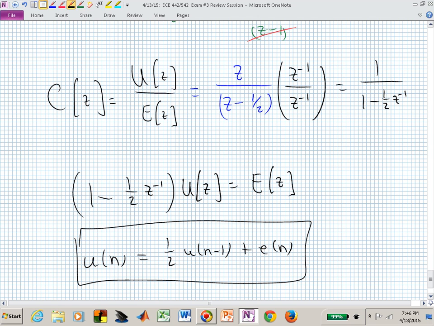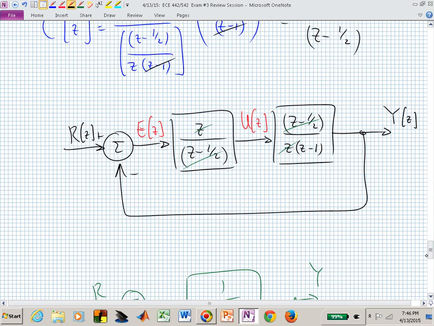And that's an easy computer program to write to produce this controlled system that now behaves like a delay. And it sure didn't start out as a system that was a delay. It had a zero and a pole at the origin and a pole at 1.